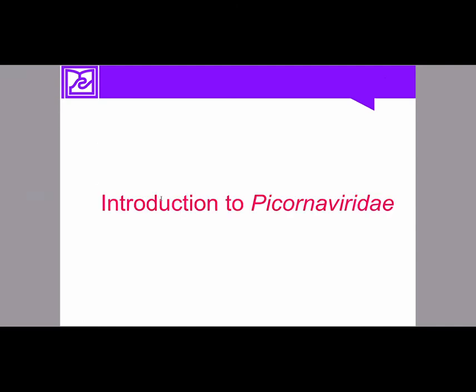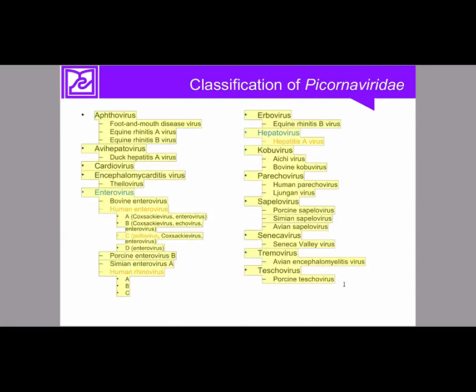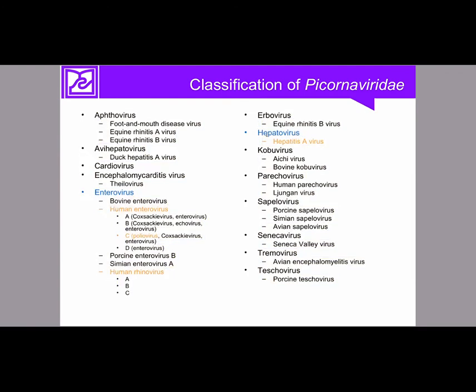So we are going to start with hepatitis A virus. Hepatitis A virus belongs to the family Picornaviridae. The Picornaviridae family contains a lot of viruses that we are not going to study, okay? Picornaviridae contains hepatitis A virus that we are going to study now, and also enteroviruses that we will study later, okay?